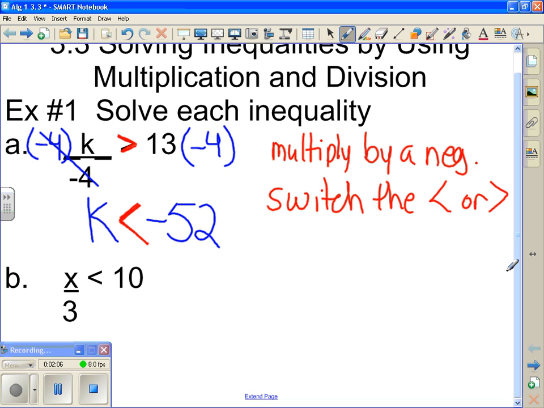Letter B. X over 3 is less than 10. Go ahead and solve this one on your own. I'll give you 20 more seconds.